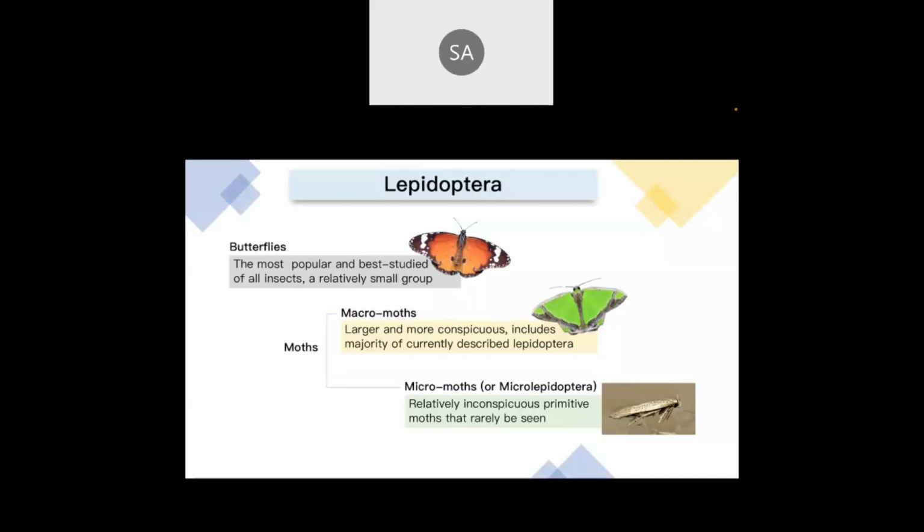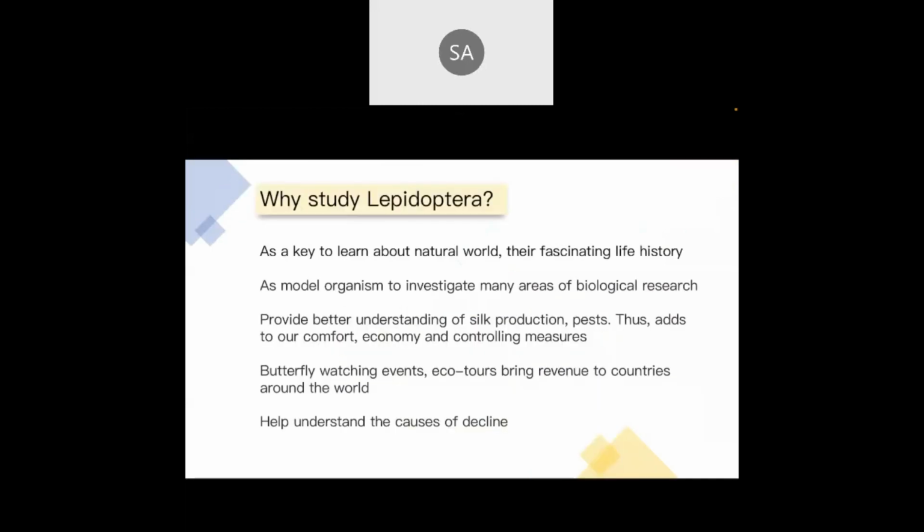So why do we study Lepidoptera? We study Lepidoptera because it is a key to learn about the natural world, their fascinating life history. Then, as a model organism to investigate many areas of biological research. Also, they provide us better understanding of silk production, pests, and thus add to our comfort, economy, and controlling measures.